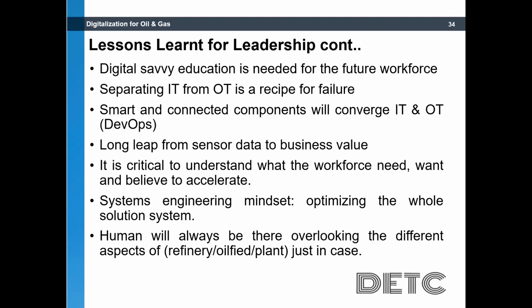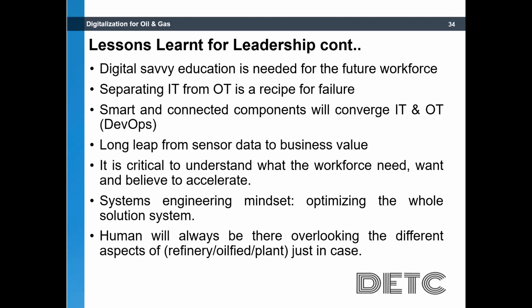The digital skills need to be leveraged, and the IT and OT convergence opportunities will have to be accounted for, and this will result in a lot of DevOps, development ops projects.